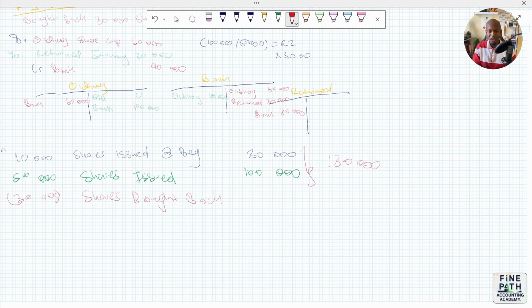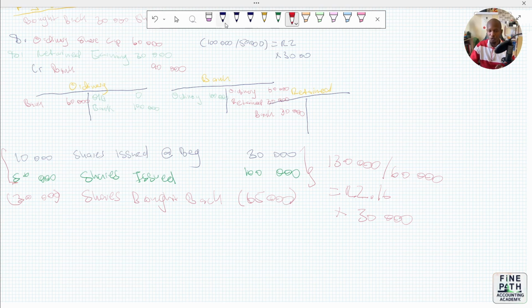And the total number of shares we had issued is 60,000. So our average issue price is 130,000 divided by 60,000, which gives us 2 rands 16 cents. So the value that goes there is 2 rands 16 cents multiplied by the 30,000 that we bought back, which gives 65,000 decreasing our account.